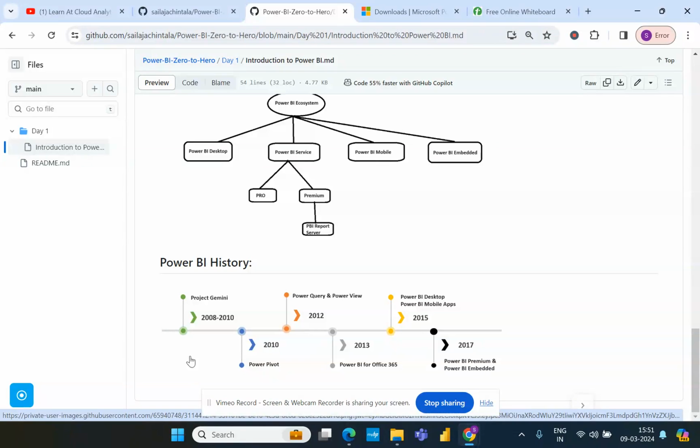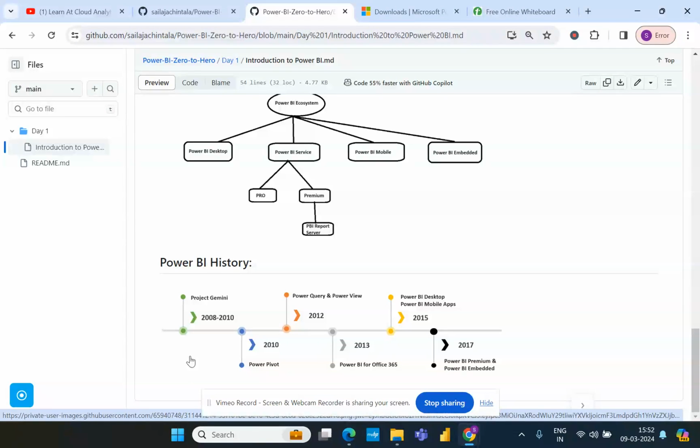Power Query provides advanced data transformation and integration capabilities, allowing users to import data from different data sources and perform cleansing and shaping of the data as required. That is the main purpose of Power Query. Power View is mainly used for creating interactive visualizations using charts, graphs, and so on. And this has been integrated directly within Excel.